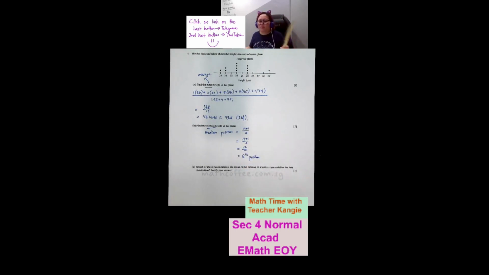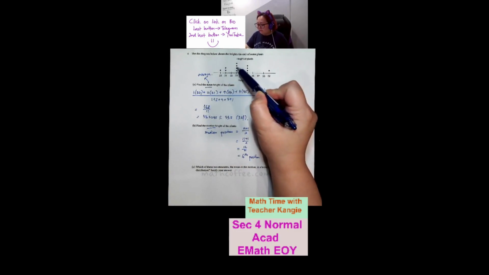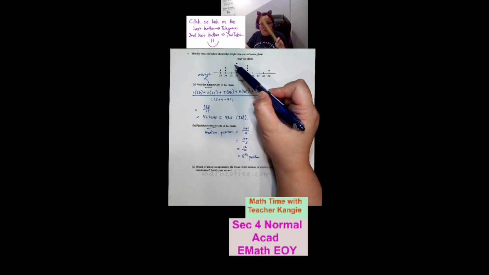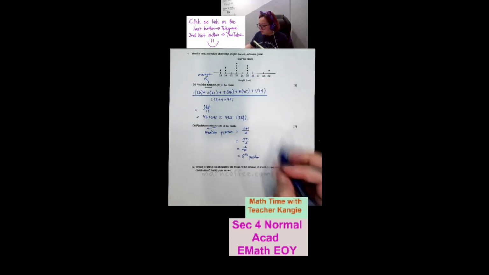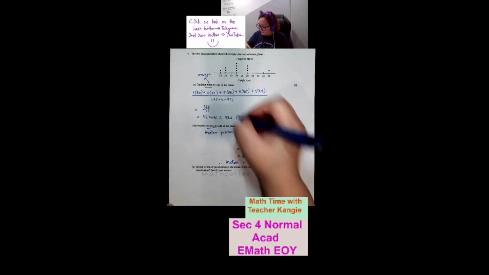After you make sure that your data are in ascending order, and the dot diagram is already in ascending order, go and count the 6th position. So 1, 2, 3, 4, 5, 6. The data sitting in the 6th position is 33. So therefore my median is 33 cm. Done.